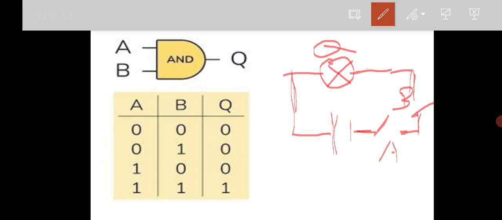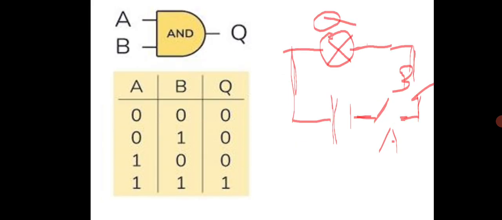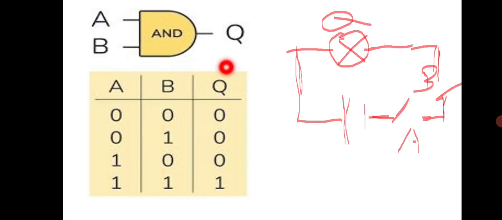Let's call the bulb Q. It will be 0. Here switch A is open, that's why there's a 0 there, and switch B is also open. Current will not flow through the gap. Therefore, the output, which is the bulb, will not give light, 0.